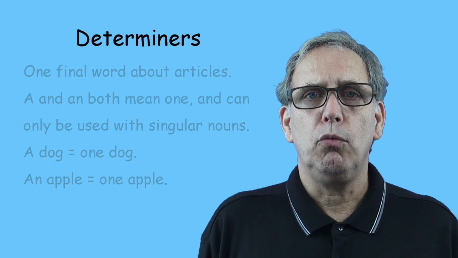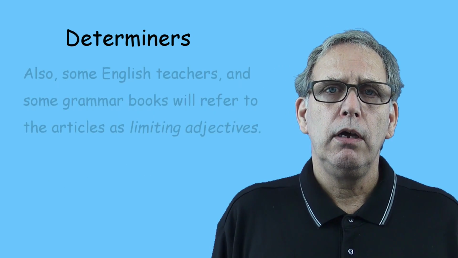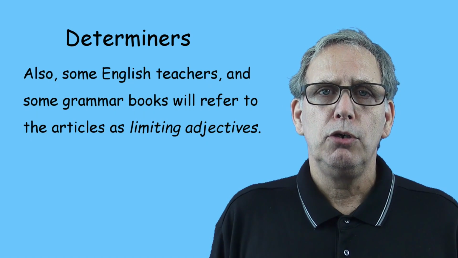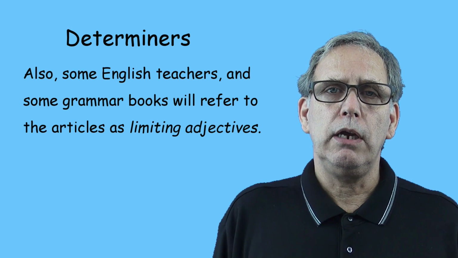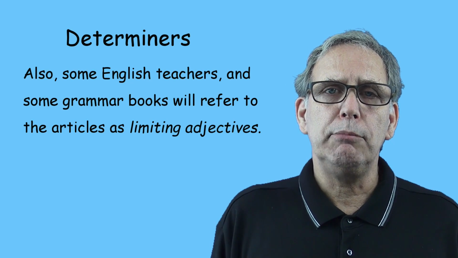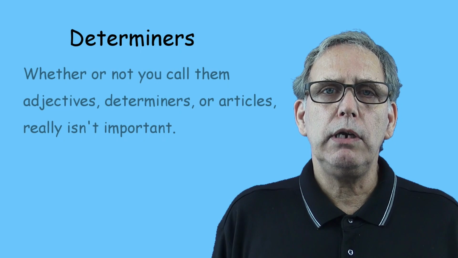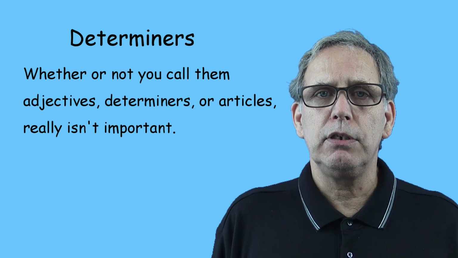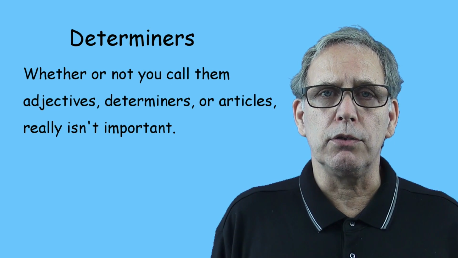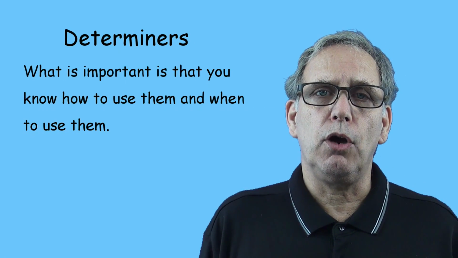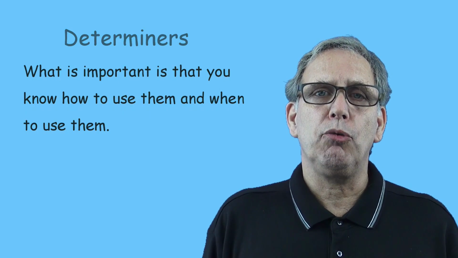An apple, one apple. Also, some English teachers and some grammar books will refer to the articles as limiting adjectives. Whether or not you call them adjectives, determiners, or articles really isn't important. What is important is that you know how to use them and when to use them.